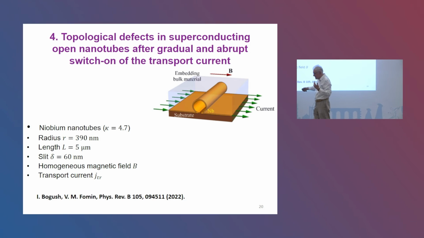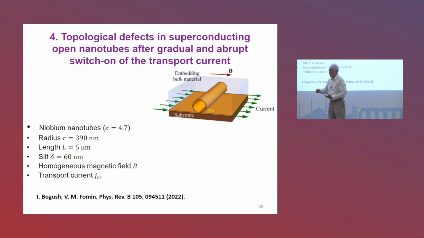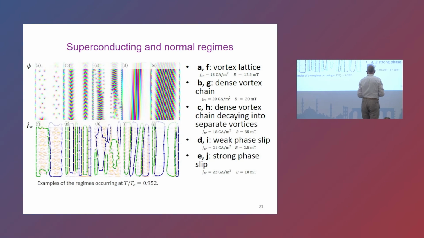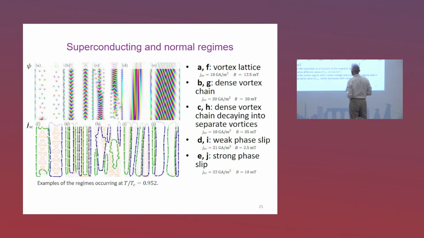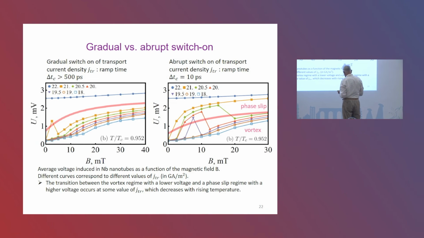then depending on the direction of changes of current or magnetic field, we can see hysteresis. Please, next one. So these are two cases depending on the ramp time.